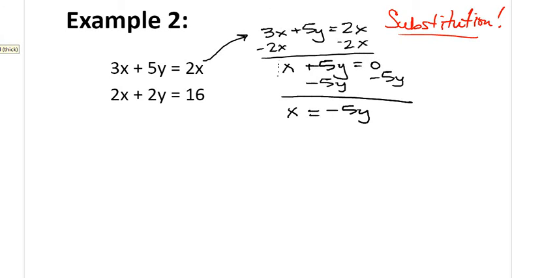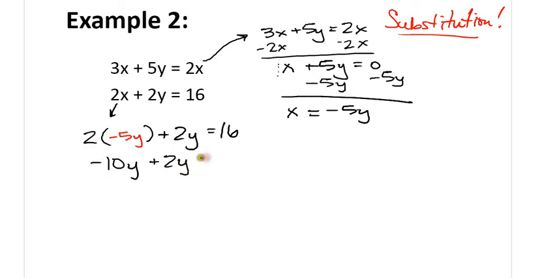So 2x: instead of the x, I'm going to substitute in negative 5y, plus 2y is equal to 16. This is negative 10y plus 2y is equal to 16. So this is negative 8y is equal to 16. And divide both sides by negative 8. Y is equal to negative 2.